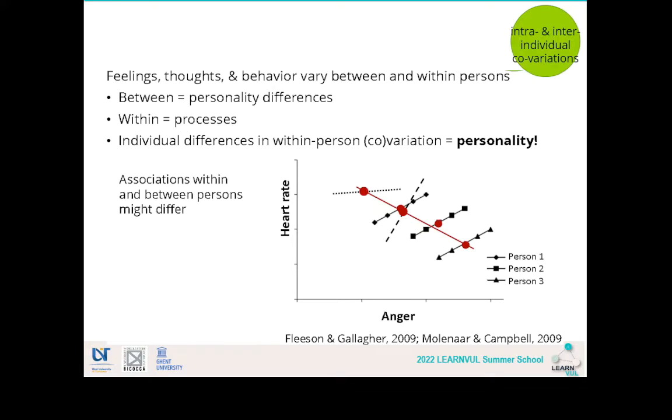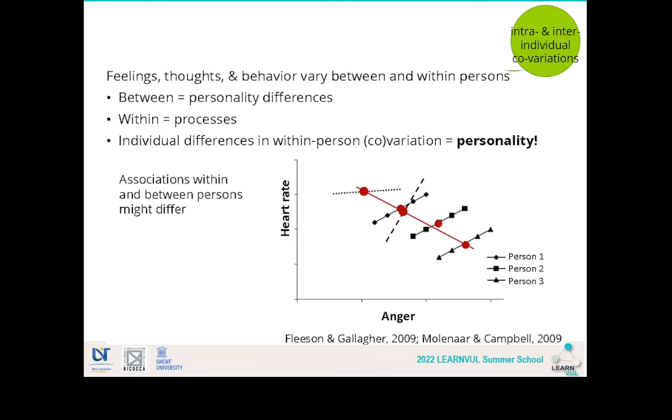But if you look at each person, the first person, the second, the third, you have different rates. Something is wrong here. But the fact is that if you look at each person, then the relation will be different.